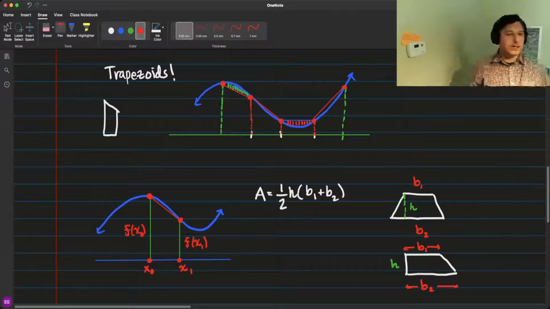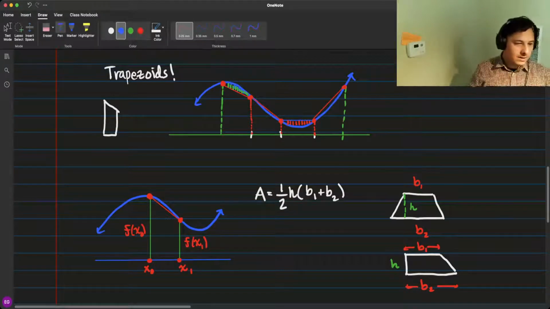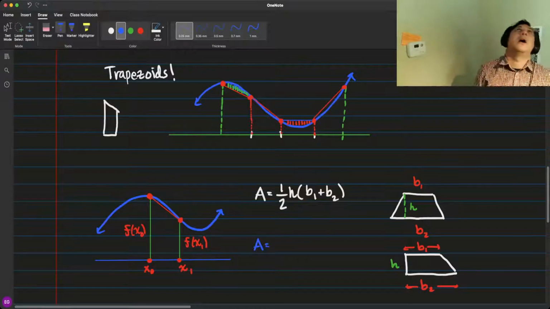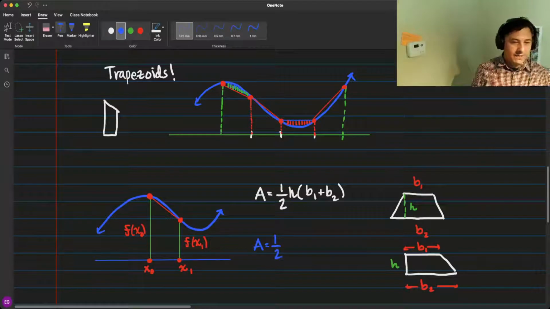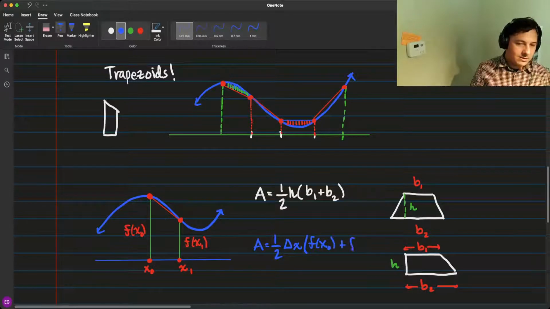Okay, which means that the area of one of these trapezoids is going to be 1/2. Now the height in this case is my delta x. My first base will be f of x0, and my second base will be f of x1.